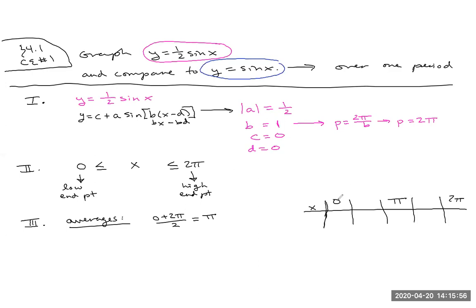Let's take the average between 0 and pi. That gives us pi over 2. Pi over 2 will go between 0 and pi. And let's take the average between pi and 2 pi. That gives us 3 pi over 2.